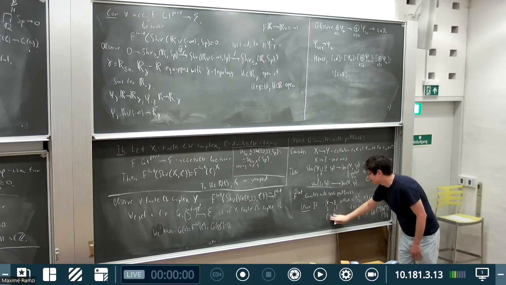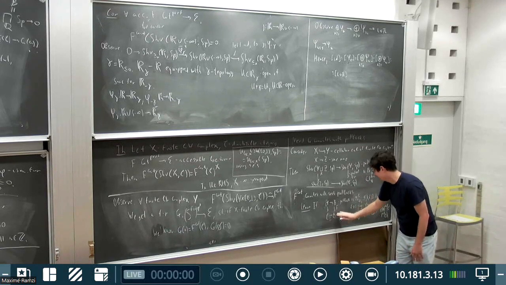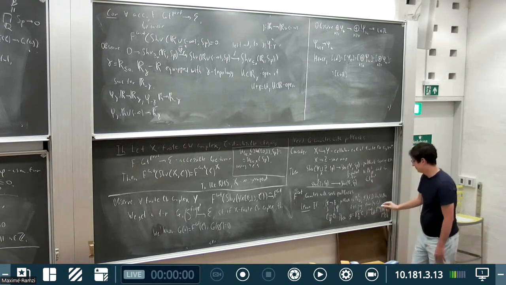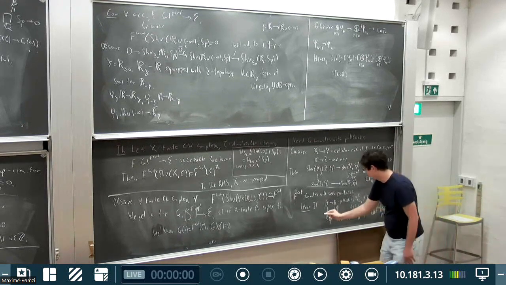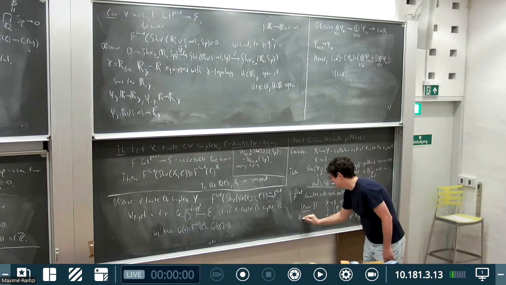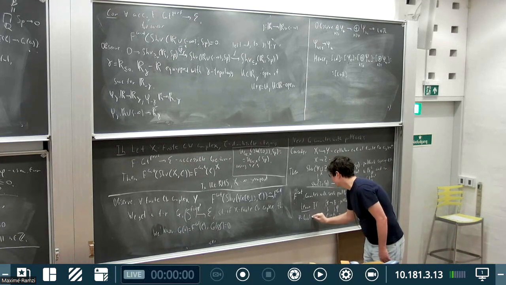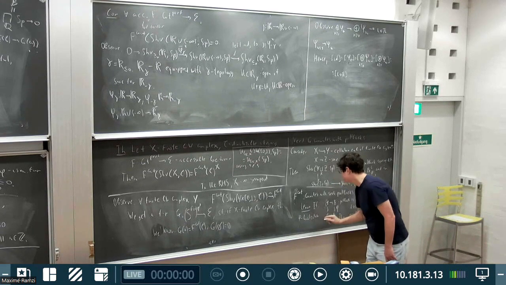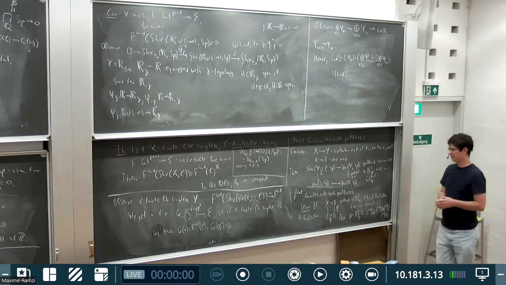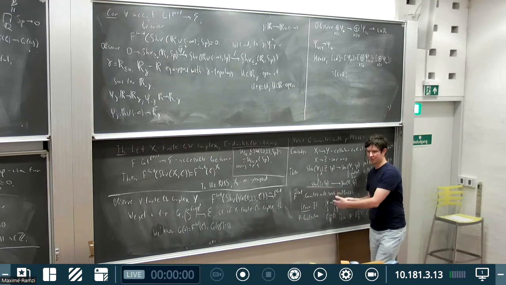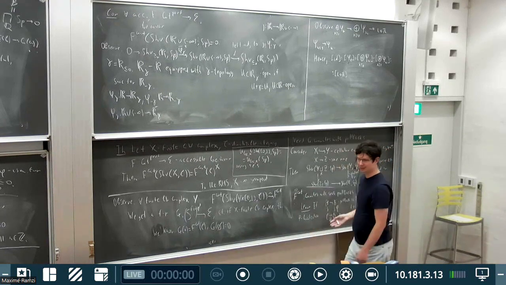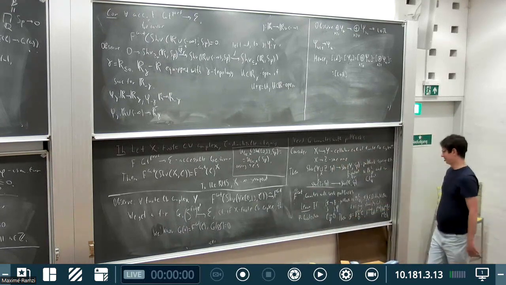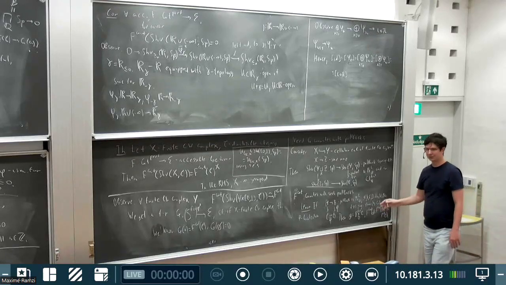I'm sorry for using the same letter many times. Let's say the right vertical map is a localization, then the left vertical map is also a localization, and basically the kernels of the vertical maps are the same. This way you deduce that the localized invariant commutes with such pullbacks.